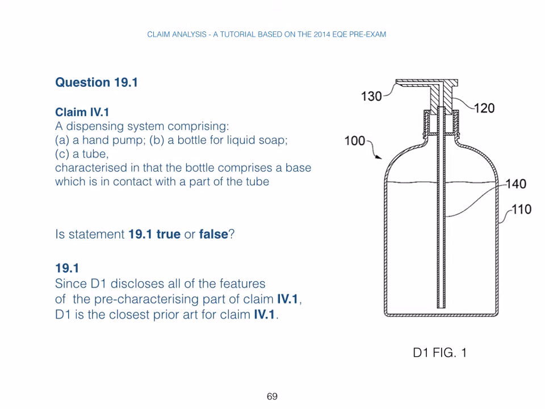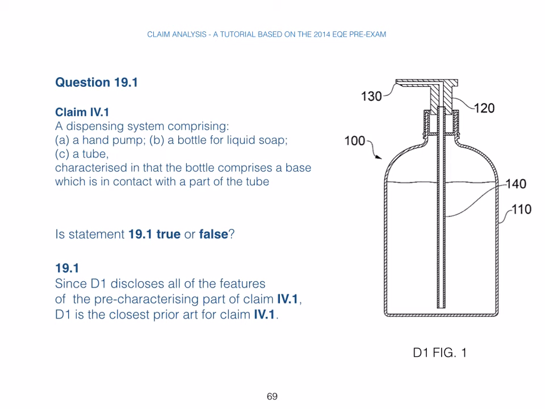Question 19.1 concerns claim 4.1 again. Statement 19.1, is it true or false? Since D1, which we see the figure on the right-hand part of the slide, discloses all of the features of the pre-characterizing part of claim 4.1, D1 is the closest prior art for claim 4.1.